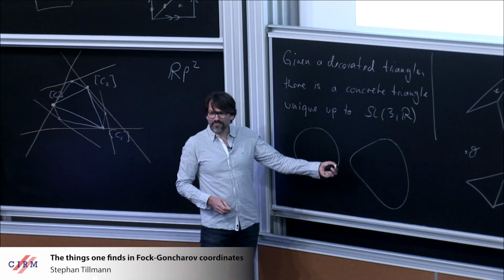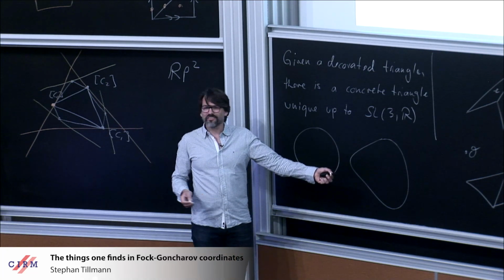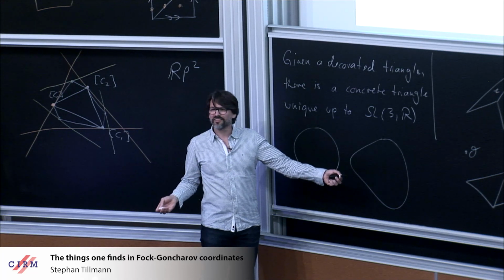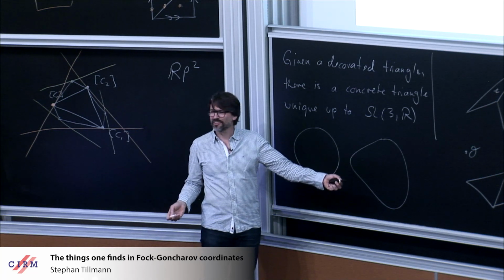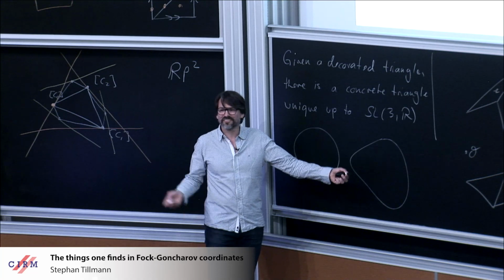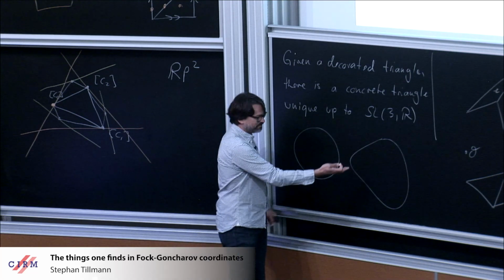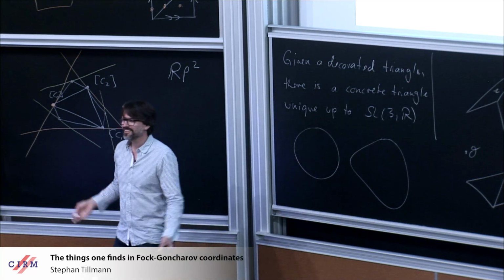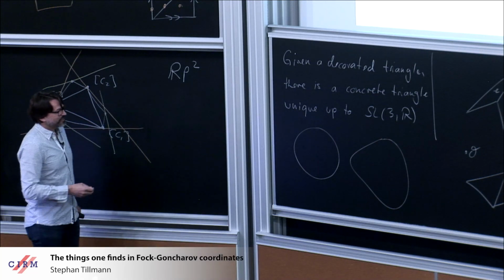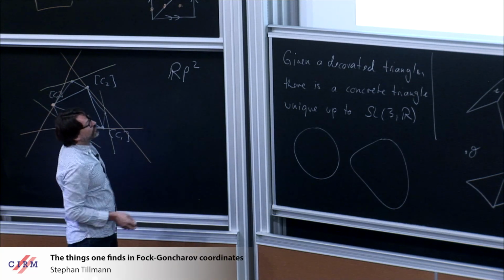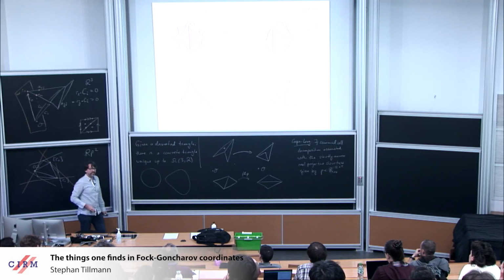And who would have thought that there is this infinite discrete group just acting on this thing and giving you a surface as a quotient, right? I mean, the probability should be zero, right, that there is such a thing. So it's actually quite nice that through this construction we really get these triangulations.